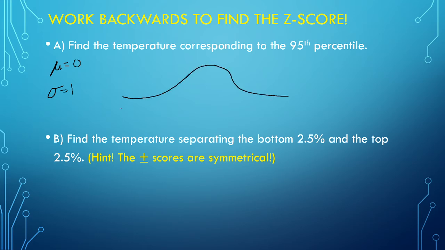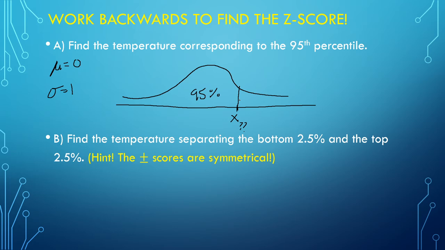On this curve here, what value, so I'll put a little x here, what value is the 95th percentile, which means it's more than the bottom 95%. So 95% of the other values are below it.